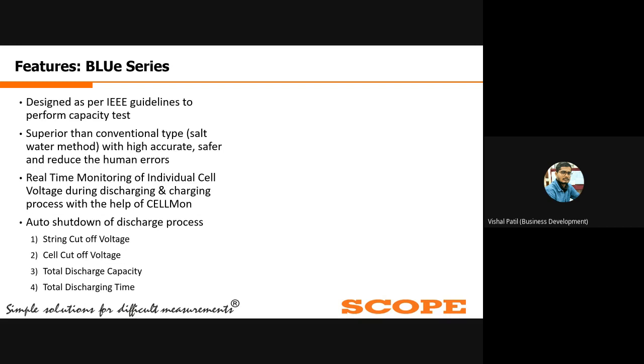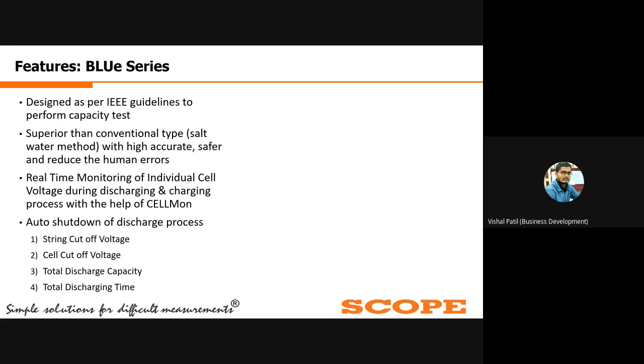So that type of cell cutoff voltage interlock has been incorporated in our battery load bank. Next, if the total discharge capacity in ampere hour has been reached, then the discharge process will be stopped. And if the set discharge time has been reached, then also the discharge process is stopped.